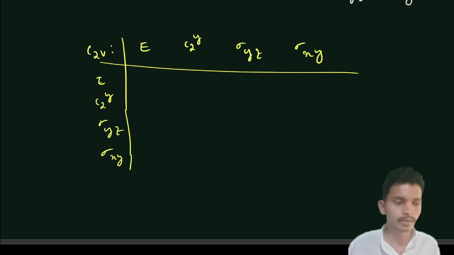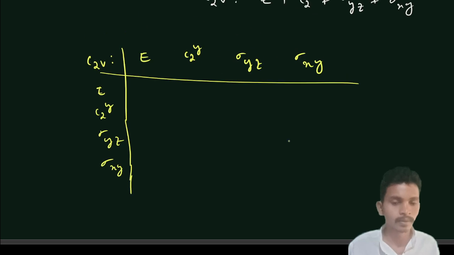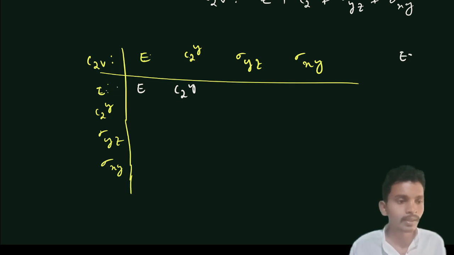Okay, now I will multiply this E and E. So if I multiply E, then we will get E, and if I multiply first E and E, after that E and this, then again I will get C2y, because E times anything will give the same; E into C2y, this is the identity element, I will get the same value. Similarly if I multiply by this, again I will get this value.